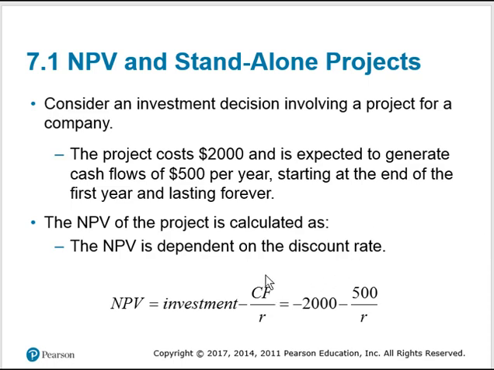It's just the cash flow divided by the interest rate. So if you're going to spend $2,000 and you're going to receive $500 a year forever, what rate of return do you earn on that investment? Or what is its net present value if you know the rate of return on that investment?